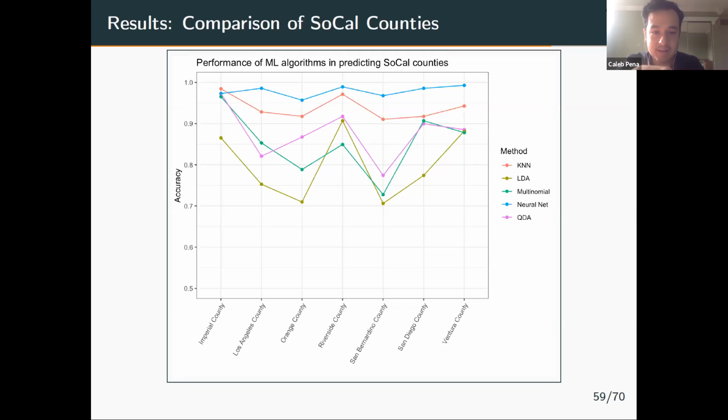There seems to be a pretty big gap between, say, QDA and KNN. But I'm not really sure there's a tangible difference between KNN versus neural nets. Whether or not it's worth the additional computation time, I don't know that it's a huge difference, but right now, at this stage of the research, it's not prohibitive.